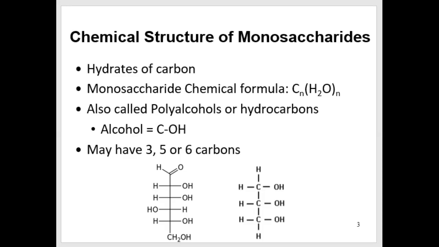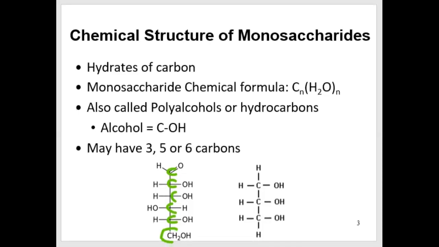Just try to remember that everywhere you see 2 lines intersecting, there's a carbon. So there's a carbon there, there, there, there, and up here in the carboxyl sort of group. And then your last or 6th carbon is right there. Okay.